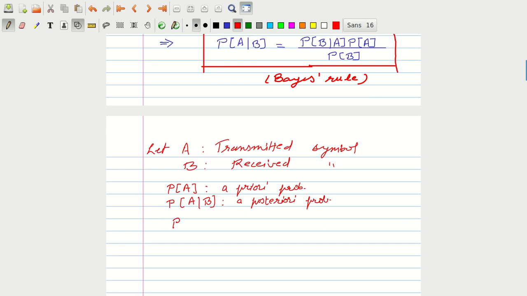And P(B given A), the probability of receiving B given that A is transmitted, is called the likelihood or the transition probability.